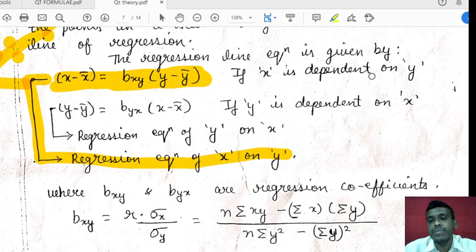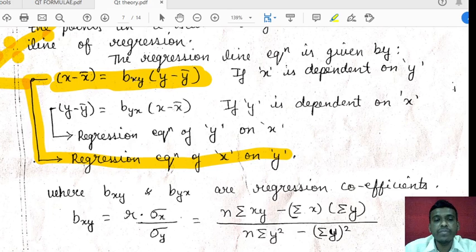Here x comes before y always, because x is dependent on y. So x minus x bar comes first, equal to something multiplied by y minus y bar. This is how you have to remember it: x minus x bar comes before y minus y bar.